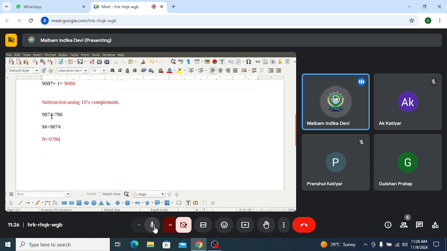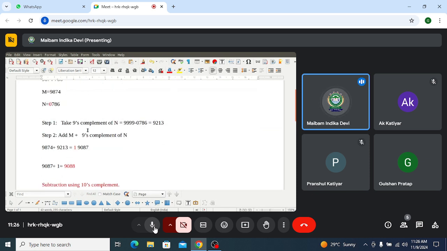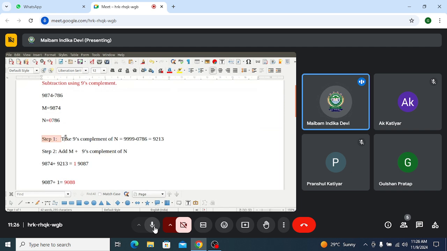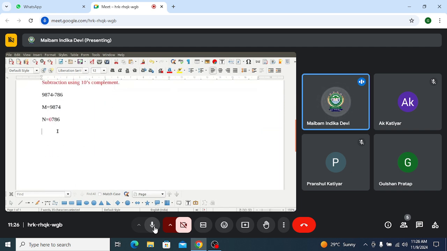Here let's take the same question. So here m equals this, n will be this. You will add an extra 0 to n because you have got different numbers of digits. Now, what does it say? The first step is to take the tens complement of n. Find the tens complement of n.